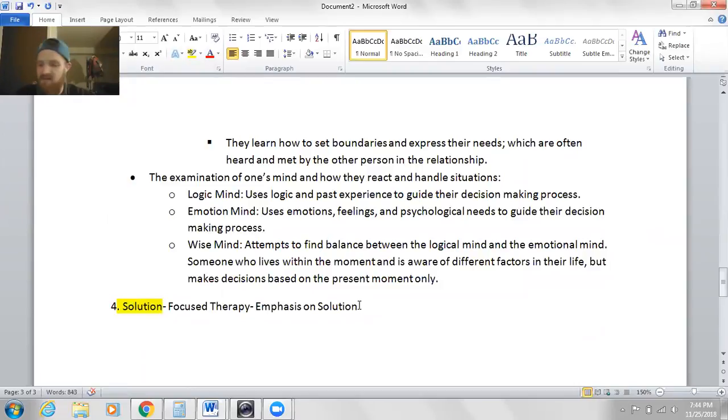So the emphasis is on solution, and not just any solution, on a quick solution. If you hear solution focused, be like, boom, I need to come up with a solution quick. So this is a brief modality.